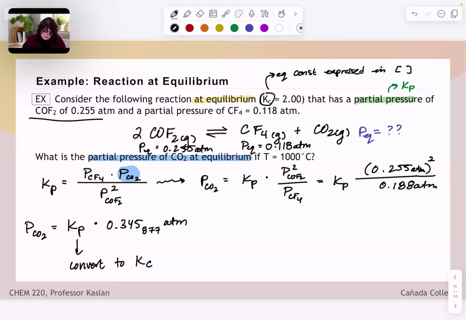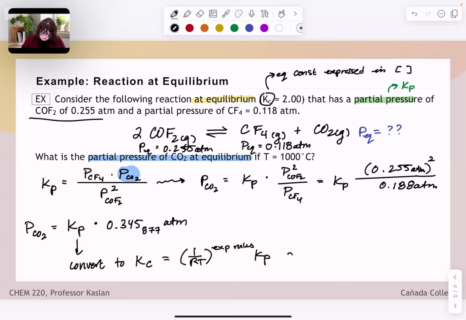to Kp. And the way that I'm going to do that is by using the relationship that says Kc is equal to, from our gas phase derivation, 1 over RT raised to the exponent rules, times Kp.